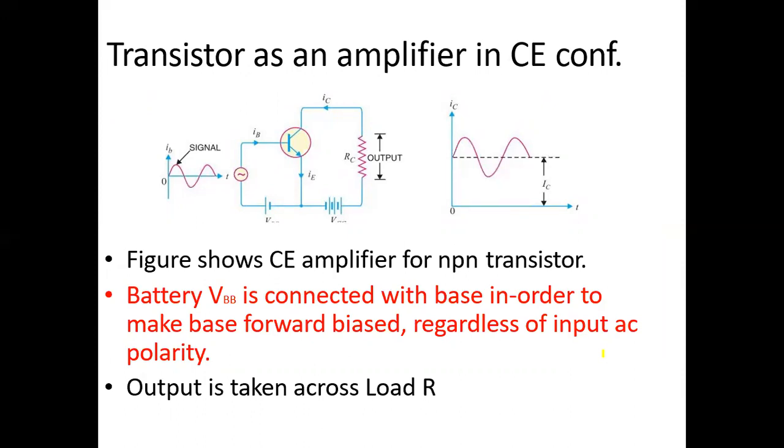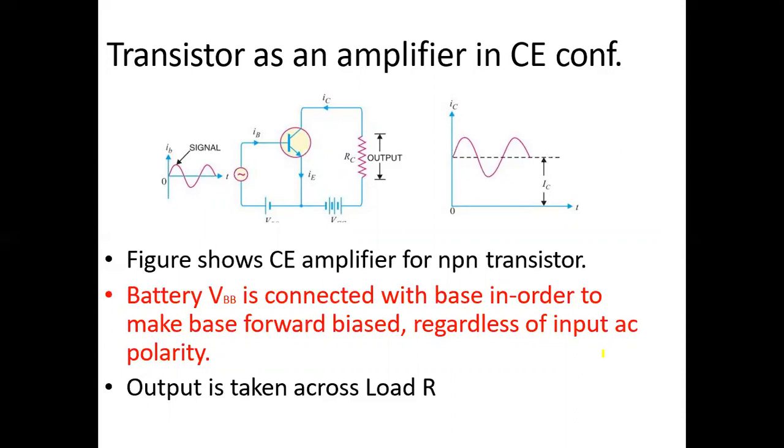In the common emitter connection, we explain this for an NPN transistor. Here the battery VBB is connected with the base in order to make the base forward biased, and regardless of input AC polarity, the output is taken across the load.